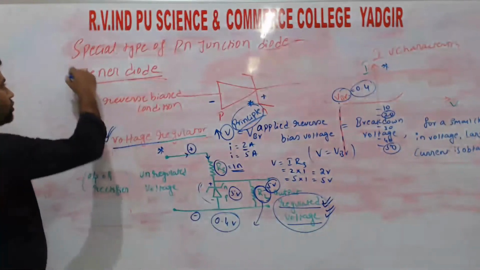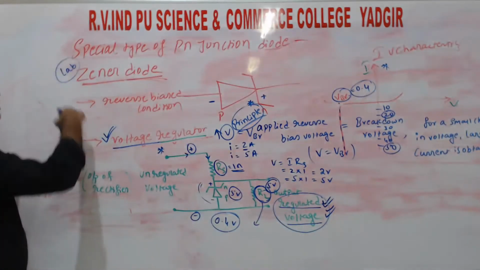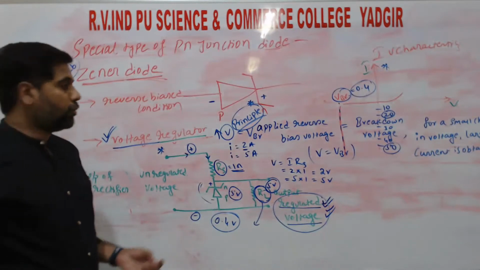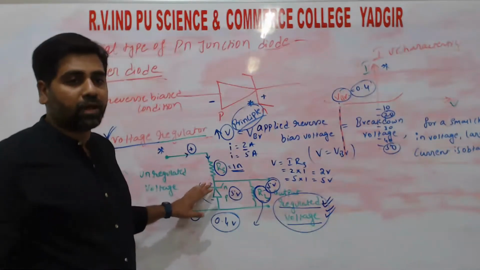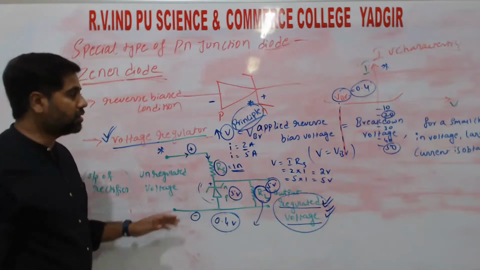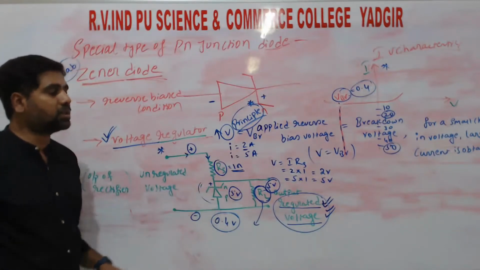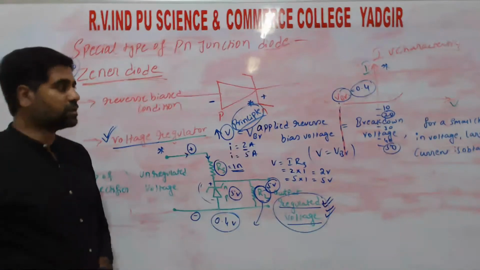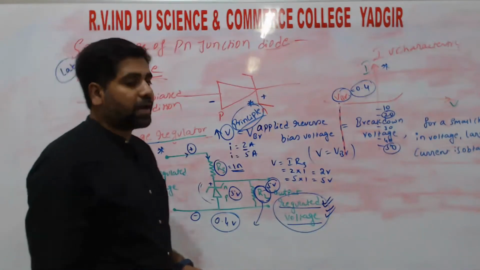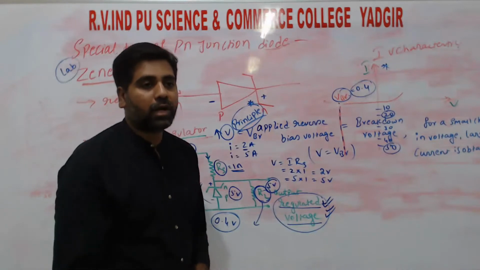This is also in the lab. You can get the values in the lab experiment, then you can clearly understand the theory that we discussed here, right? In the next class we will discuss some other types of diode, right?